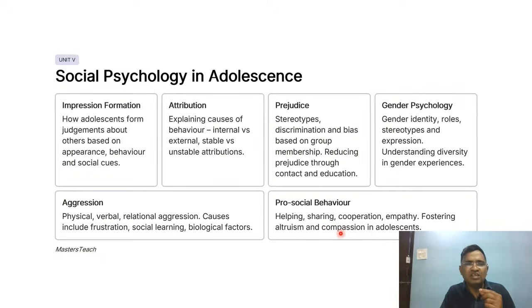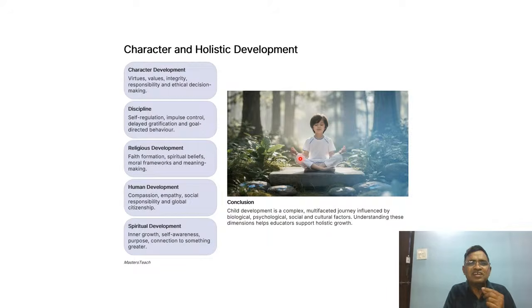These are the things about social psychology in adolescence. Then characteristics of holistic development: 360-degree development includes character formation, discipline, religious development, human development, and spiritual development.